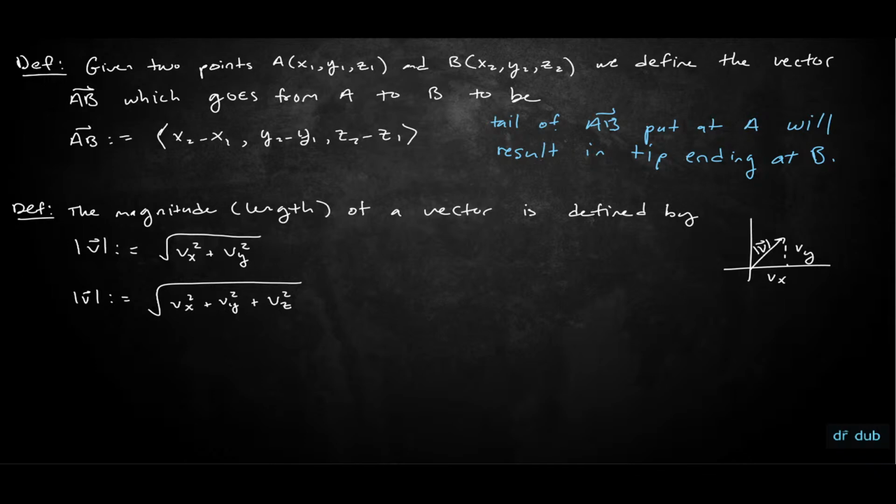So this is for 2 and 3 dimensions, respectively. So that is the magnitude of a vector. So that's how you find the length of the vector, or how strong is the magnitude.